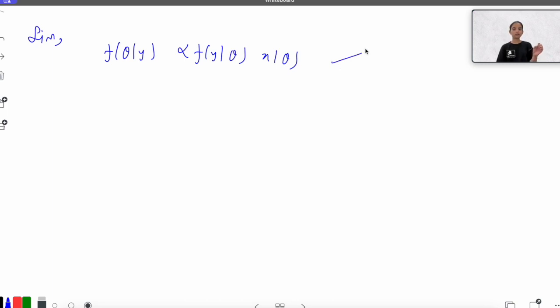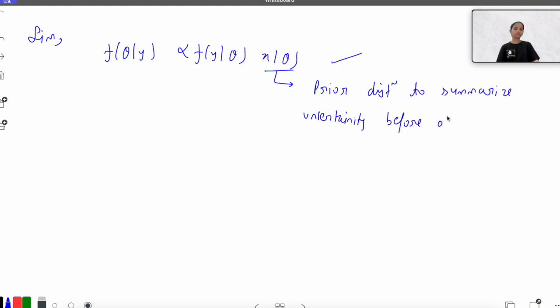Now try to understand each and every term very clearly. This is your prior distribution, which is used to summarize uncertainty before observing the data.